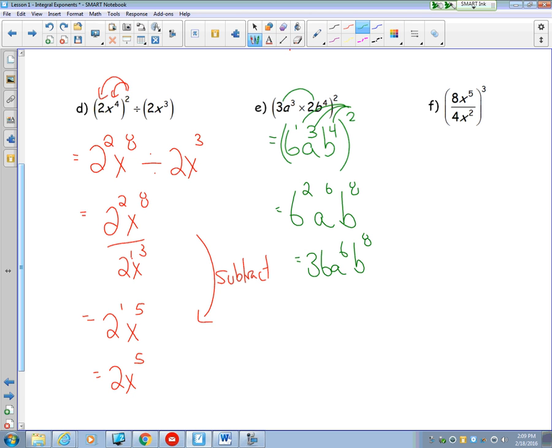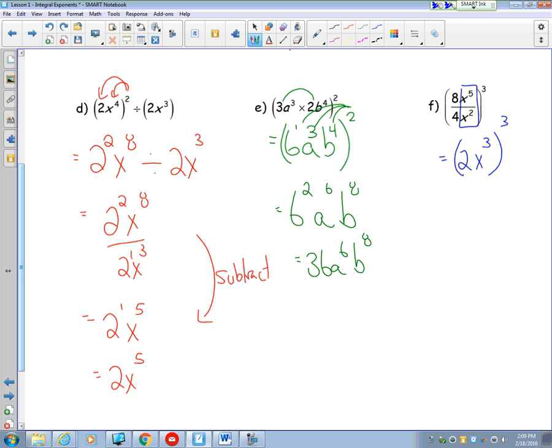Okay, letter F. Brackets. What can I do inside the brackets? I can divide 8 by 4. That gives me 2. And what can I do with my bases if they're the same? Well, the x's are the same bases, so I can subtract my exponents. I still have the 3 on the outside, though, right? Okay, so I did operations with the numbers because I could.